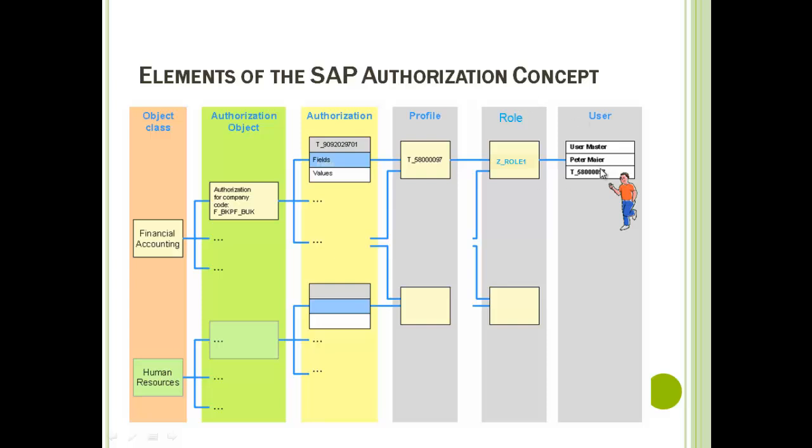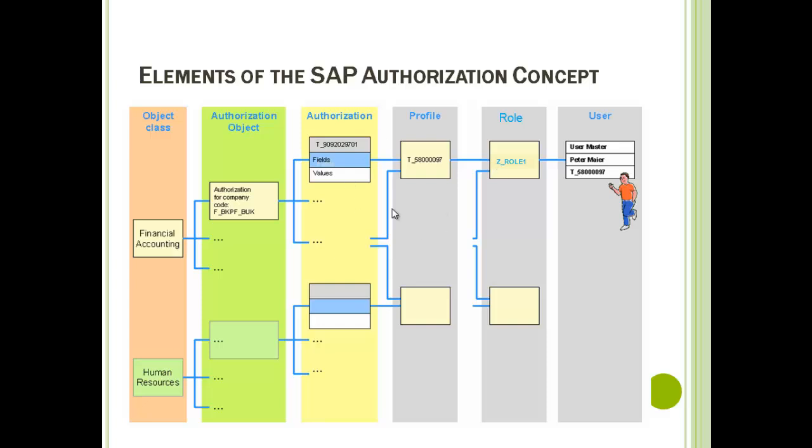You can assign multiple roles to users, and each role will have its own corresponding profile. And remember, one role can have multiple profiles. It does not mean one role will have only one profile. This is managed by SAP itself, and we cannot change this.